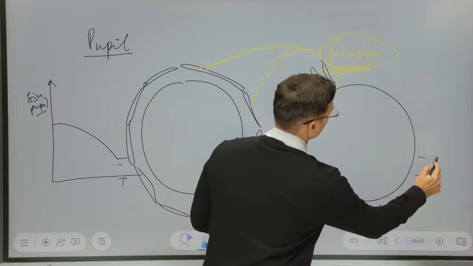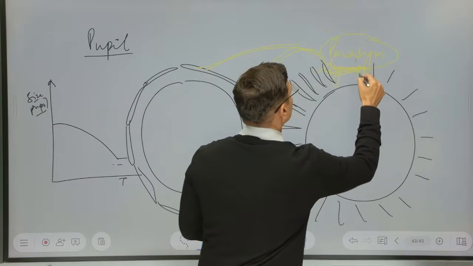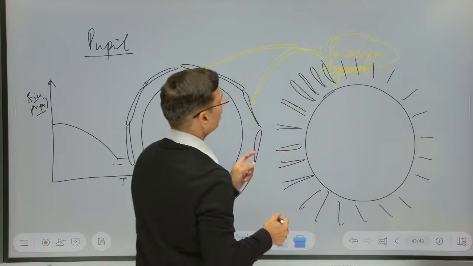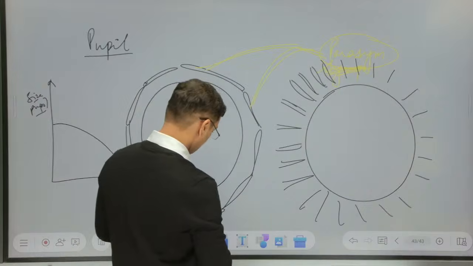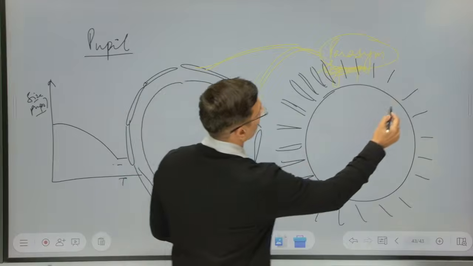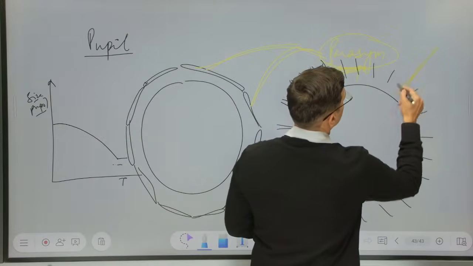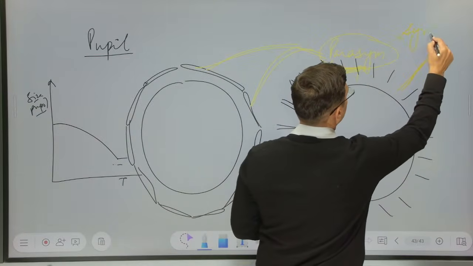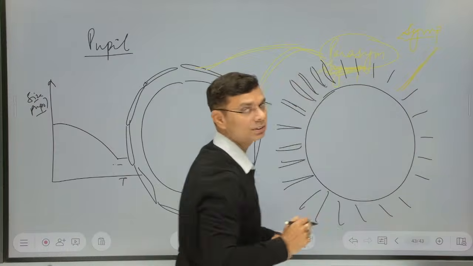We have another set of smooth muscles, radial muscles. Again, they are innervated by the sympathetic nervous system.